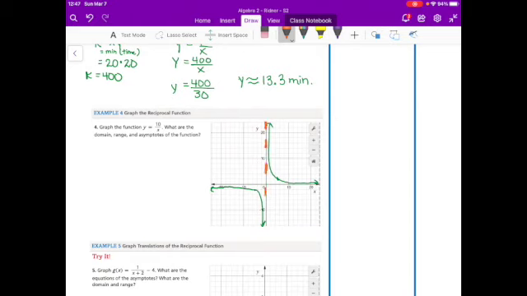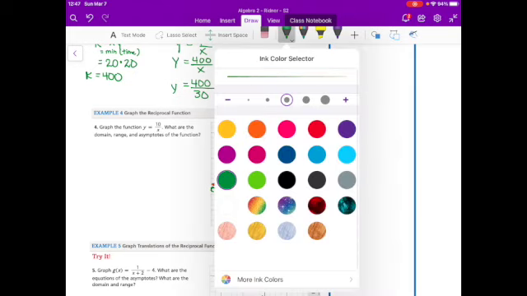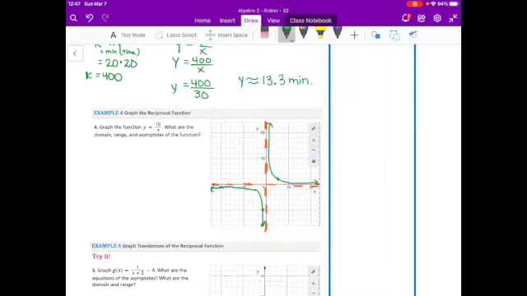An asymptote just means that it's something that it's approaching but never actually touching. If you recall, you can never divide by the number 0. So 10 divided by 0 is an error in your calculator because it's undefined. You also cannot get y is 0 because there's nothing that you could plug in there to get y as 0. That's why there's an asymptote at both.